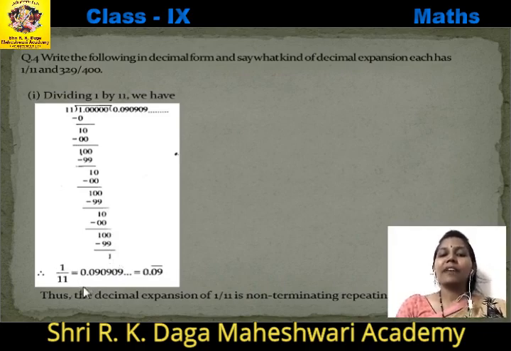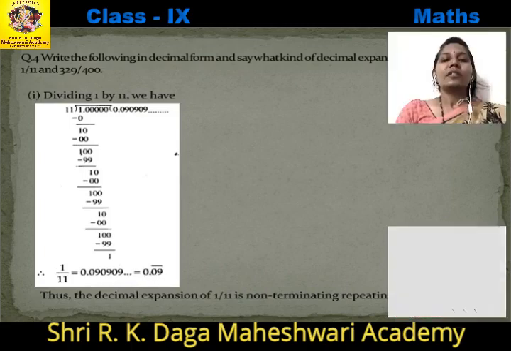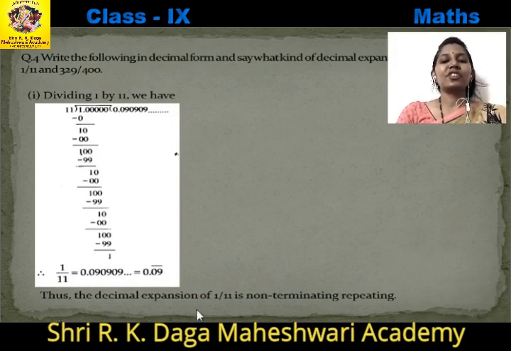So 1 by 11 is equal to 0.090909 and so on. It can be written as 0.09 bar. Thus the decimal expansion of 1 by 11 is non-terminating because it has no terminating point.